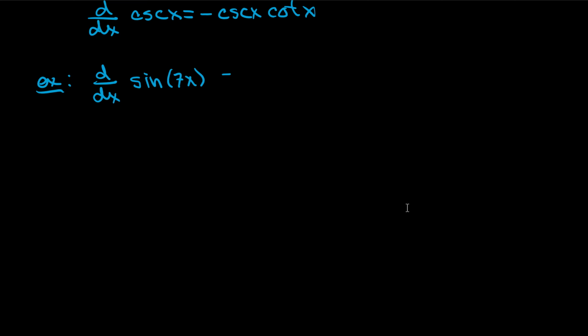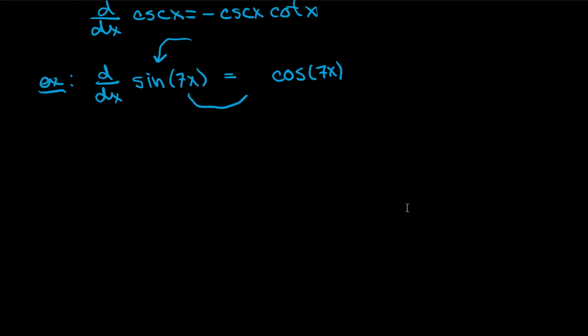What's going to wind up happening is we're going to take the derivative of the outside first. The derivative of sine is, that's right, cosine, times the argument inside. Then, after you have that done, you multiply it times the derivative of what's inside, and this will give you 7 times the cosine of 7x.